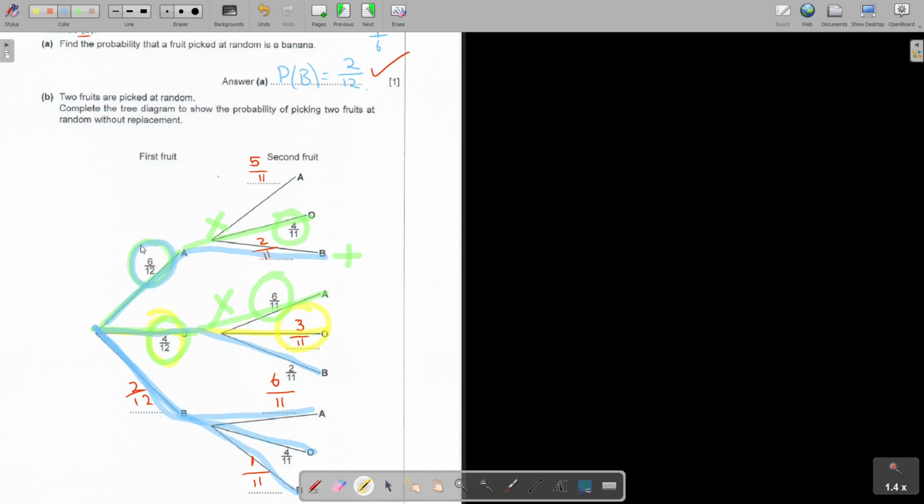So it's basically this that I multiply, this that I multiply, this that I multiply, this that I multiply, and this that I multiply. Okay. And then don't forget, over the branches, what do I do?